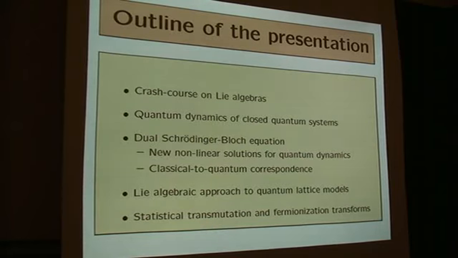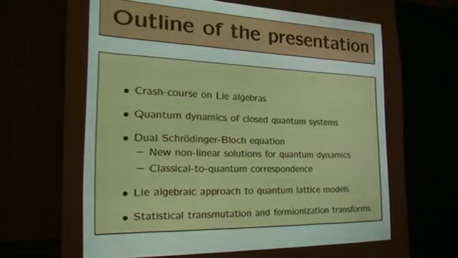This means that if you have, for instance, a spin in a time-dependent magnetic field, it doesn't really matter whether it's spin 1/2 or spin 1 or spin 100. You can describe the dynamics of the system in terms of a certain object that doesn't care about the representation, about the Hilbert space.